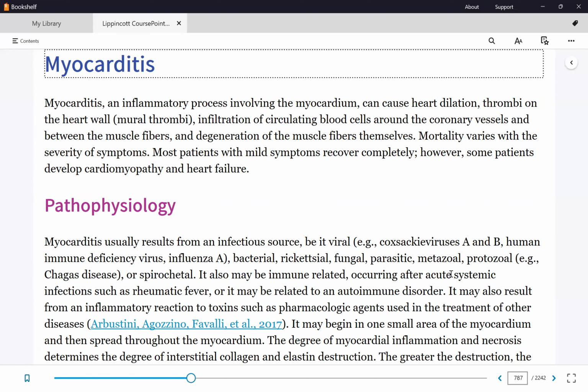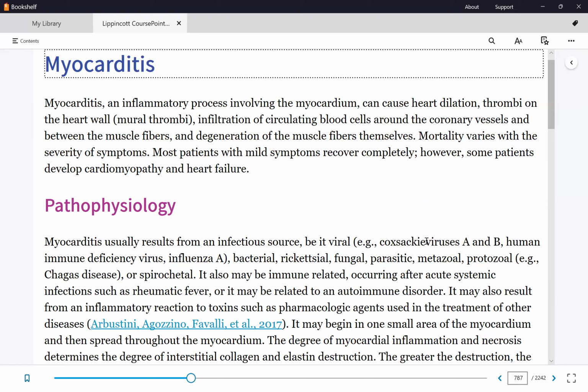But in most cases they already know, based on the patient's profile, that it's likely staph or likely strep. Then they'll start the antibiotics without waiting for the blood culture results.